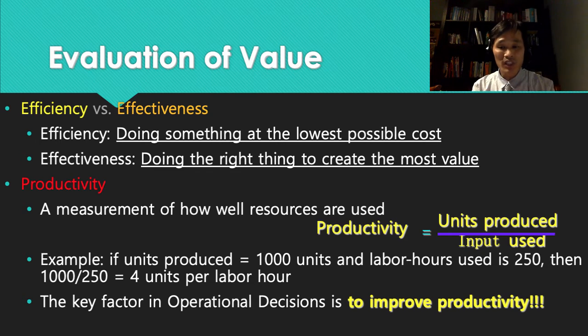Its productivity is 1,000 divided by 250, which is 4 persons per labor hour. Next day, the facility could analyze its processes and improve its operations and layouts to process more people because you have this measure of productivity to compare.